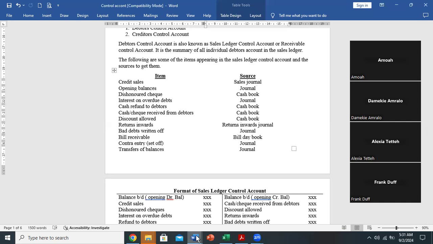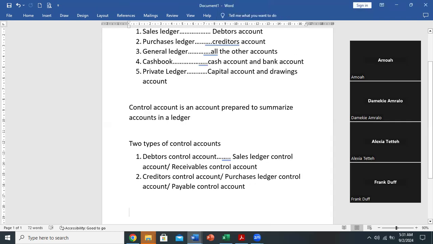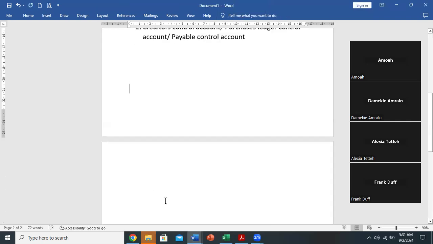Let me put that on the screen here for my professors. Now, we all know debtors have a debit balance, right? That is their normal balance, even though sometimes they can assume a credit balance, but normally debtors have a debit balance.